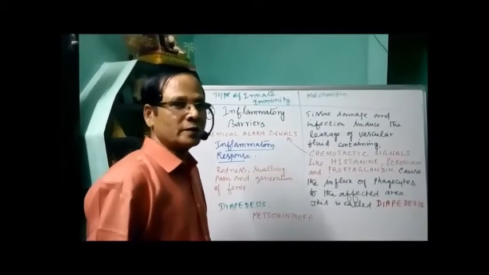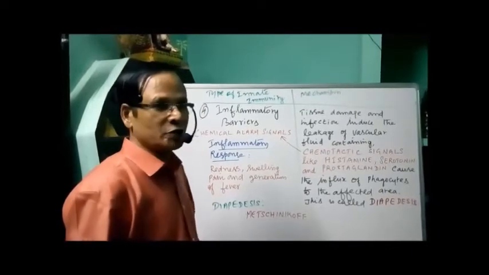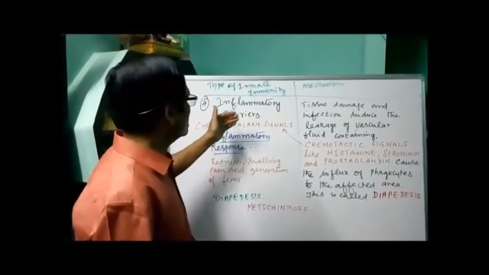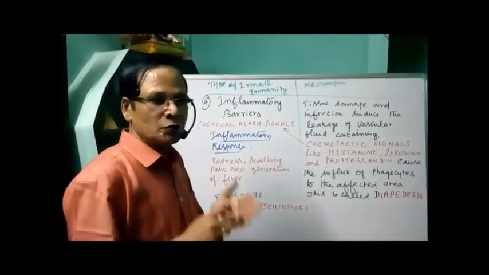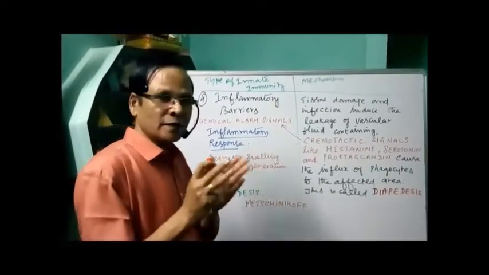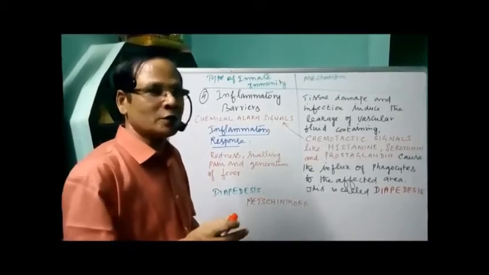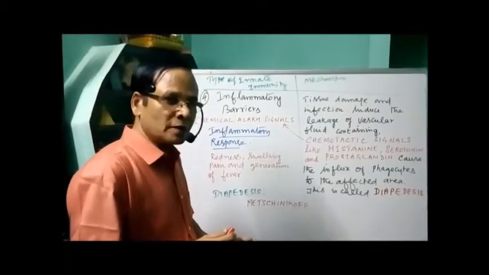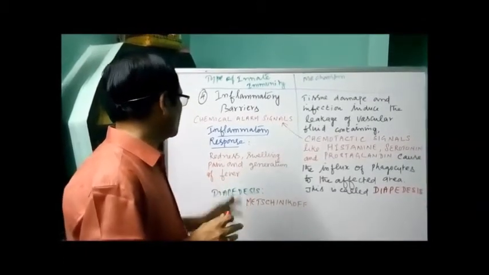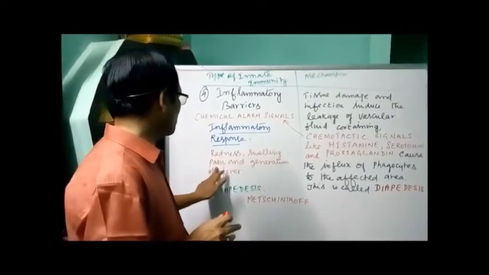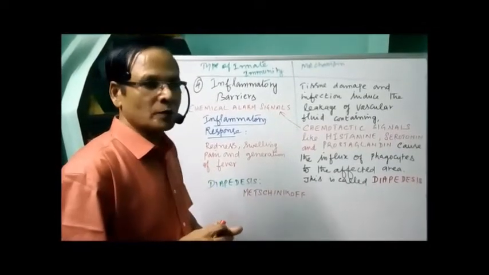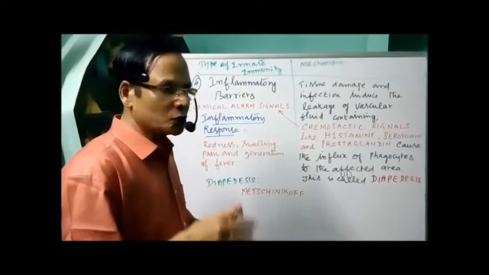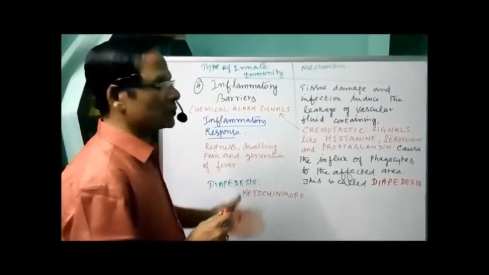So you normally see that at the time of injury, at the site of injury, or due to infection, we have redness, swelling, pain and generation of fever. All these symptoms together cause the inflammatory response.